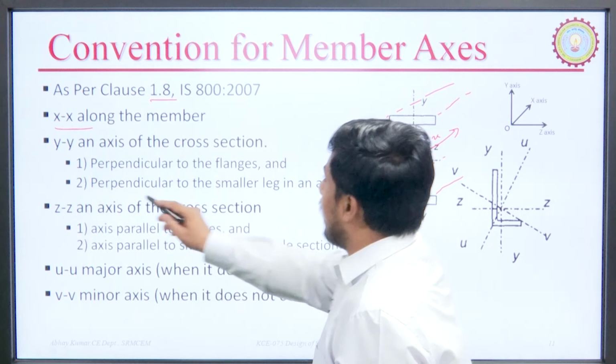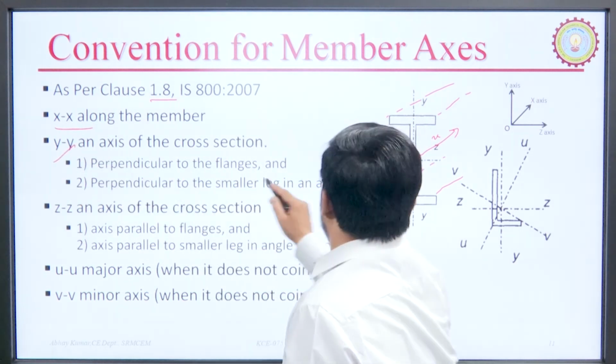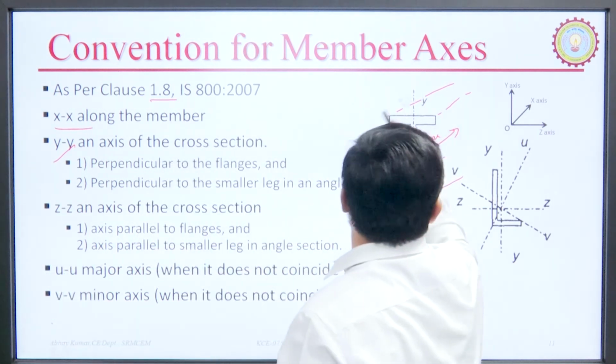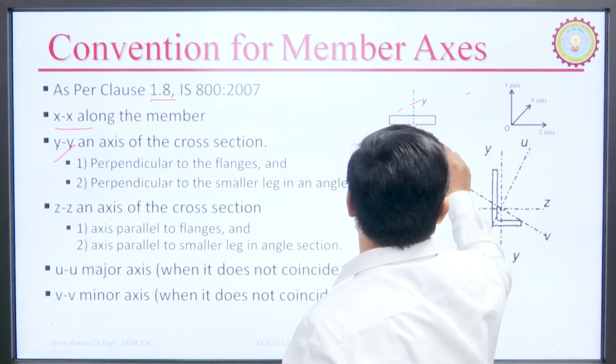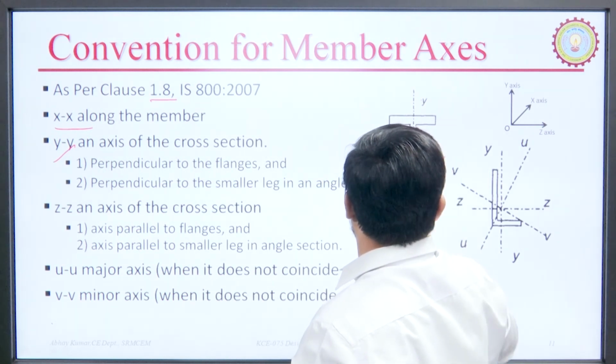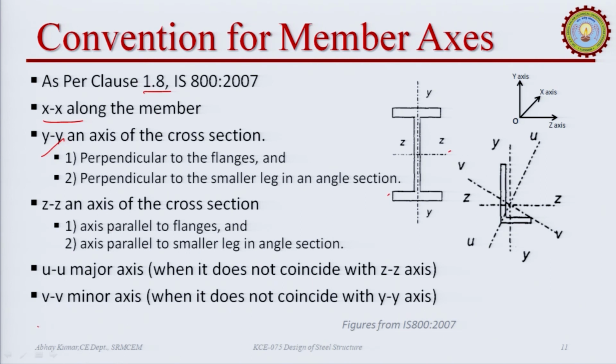The YY axis is perpendicular to the flanges, as shown here. Similarly, the ZZ axis is the axis parallel to the flanges.